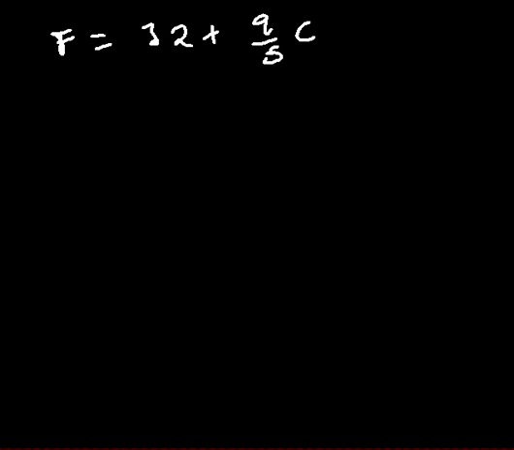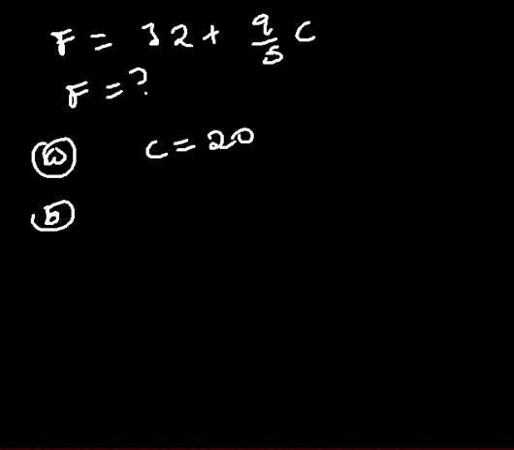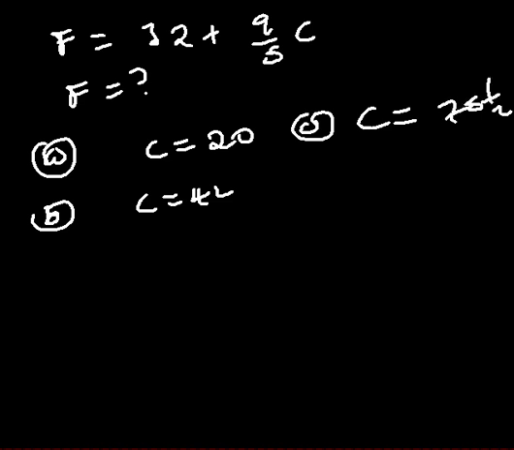Then we should find the value of f if c is given as 20, if c is given as 42, if c is given as 75 1 over 2, and if c is given as 75 1 over 5. So how do you think we should do that? So try to express those in your own terms.